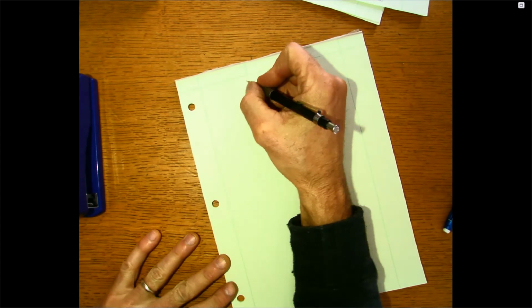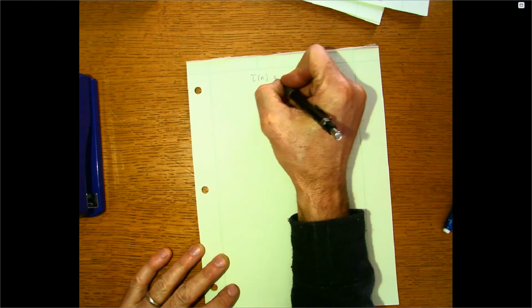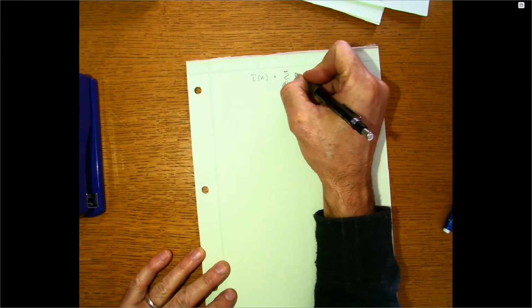So let's think about this first. Tau of n is equal to the sum across all divisors of n of just the number 1.